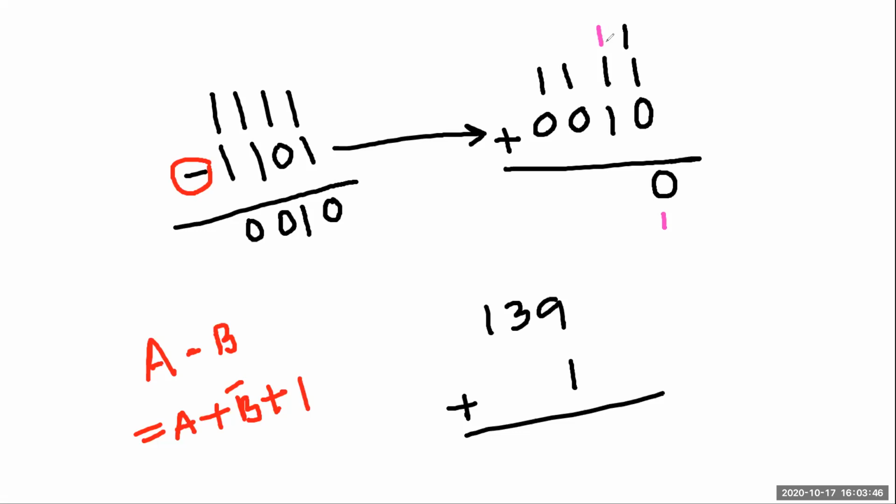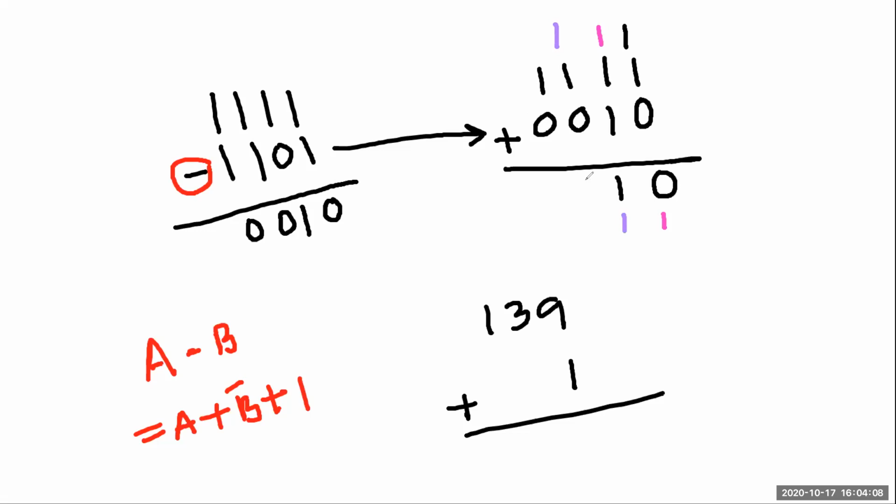What is the result now? 1 plus 1 is 1, 1. So the last one is here. What about the 1 in your hand? Next, 1 plus 1 plus 0, result is 1, 0, right?